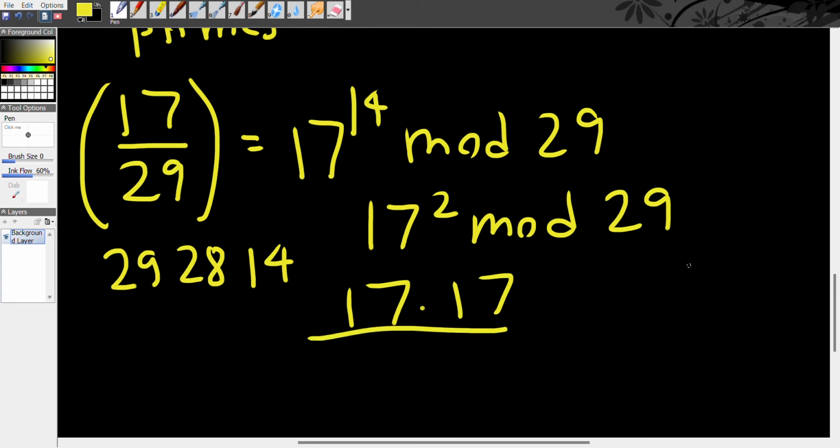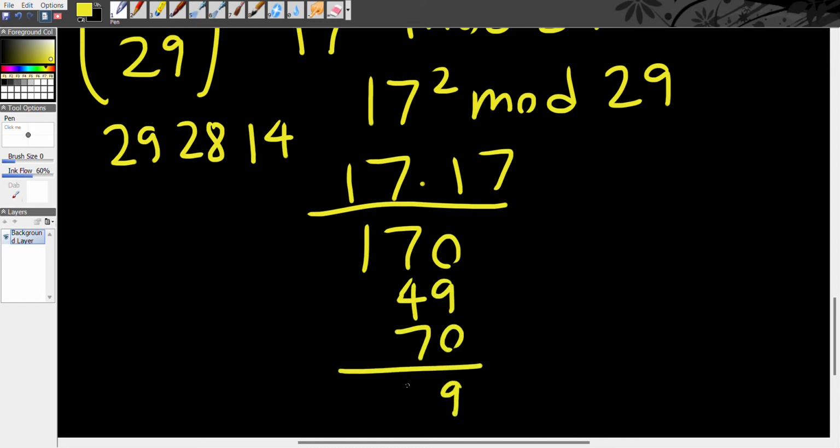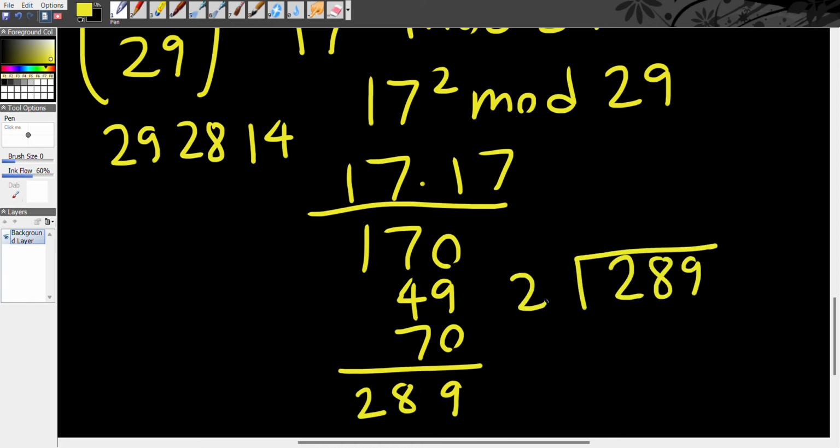Let's square 17 by 17, the simple way so I don't make mistakes. This is 289. 289 divided by 29 is 1 minus 10 times 29, so I already know that the remainder here is 28.